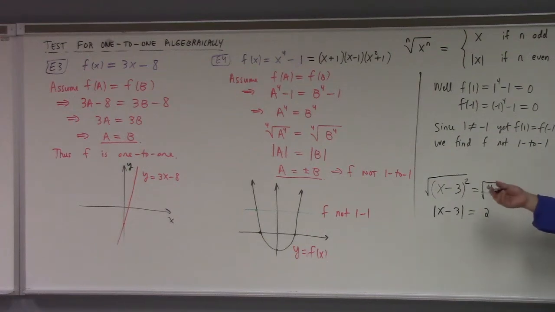Here there's no variable, so there's kind of no ambiguity. The square root of 4 is 2, so you can't see it as much here, but in principle it's also present.